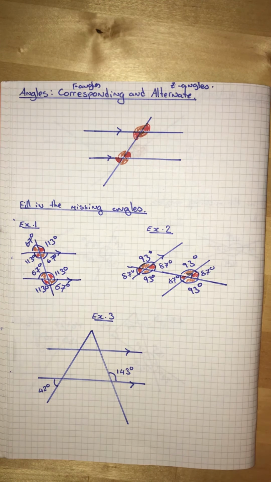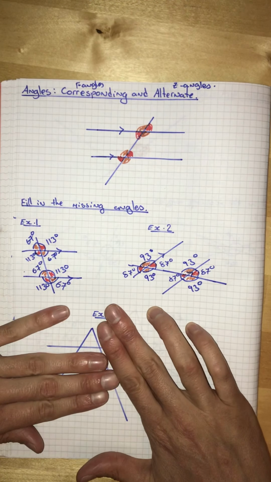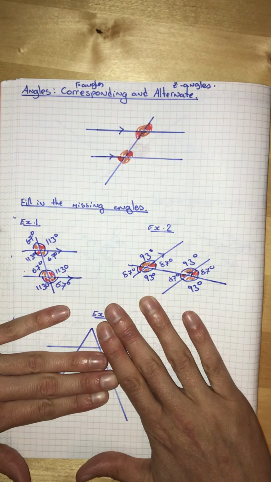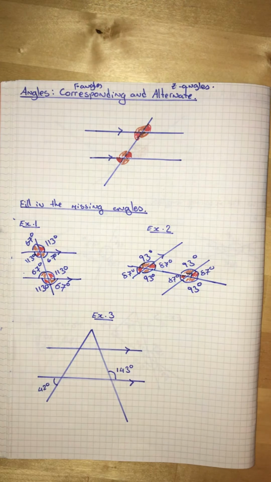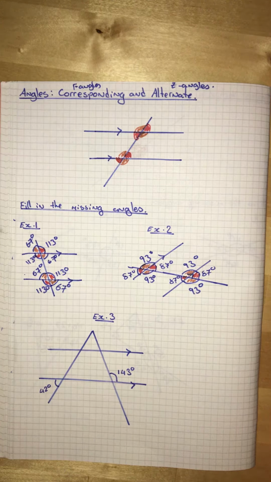Now, example 3 is a bit more complicated. What can be difficult about these is seeing what the angles are equal to each other. The noticeable things to see is, firstly, there is a triangle here. So eventually we're going to be using our knowledge of triangles. But what we want to do firstly is use this one, okay?